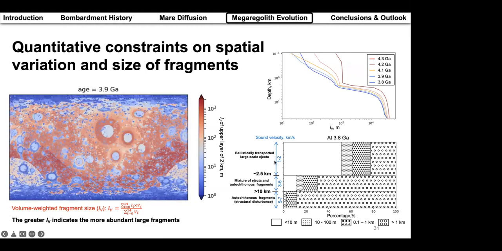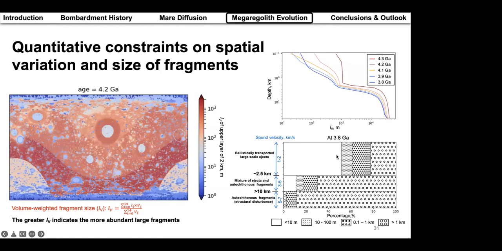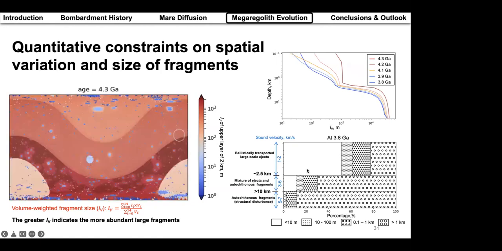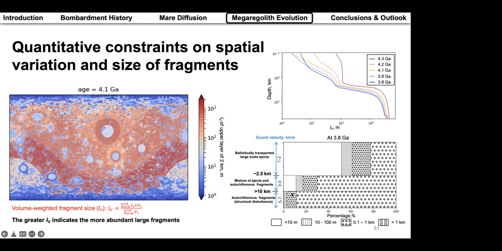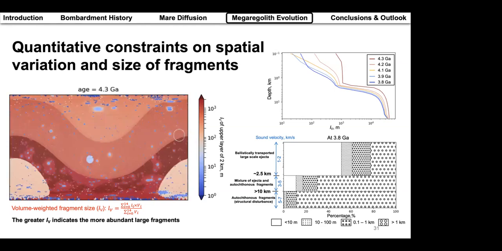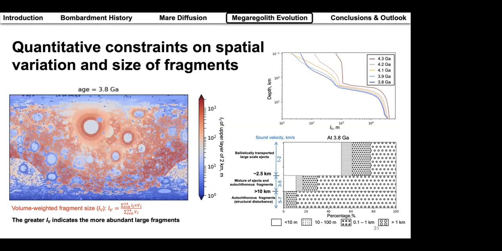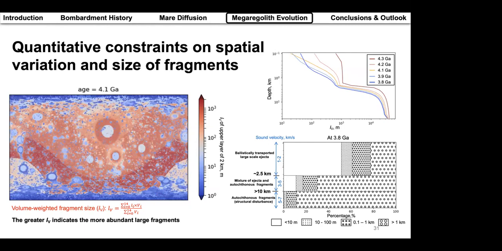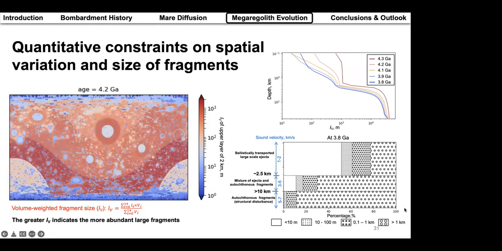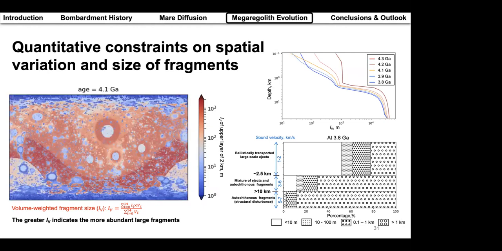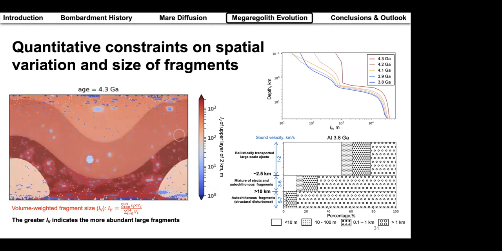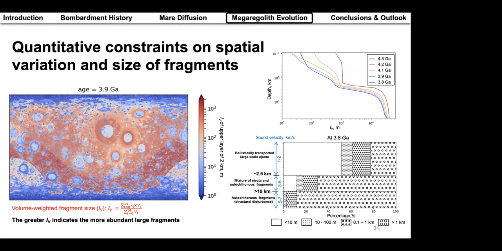For the layers on top, the majority of fragments are at meter scales, and for the very lower layers, greater than 10 kilometers, fragments at kilometer scales have the primary contribution. These kilometer fragments mainly come from the fracturing of the rock material instead of separated ejected fragments.